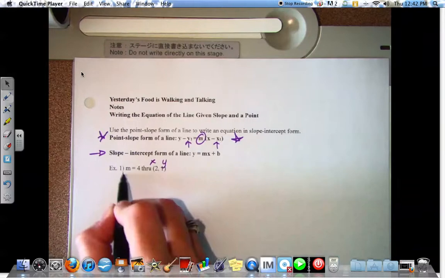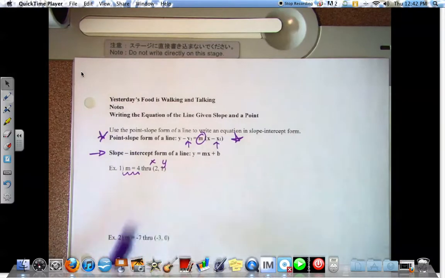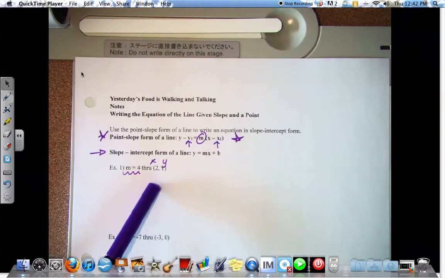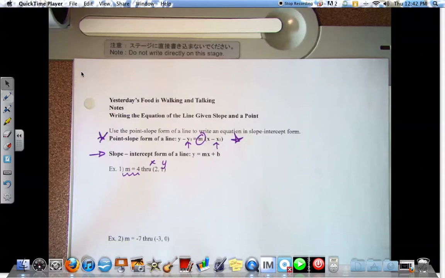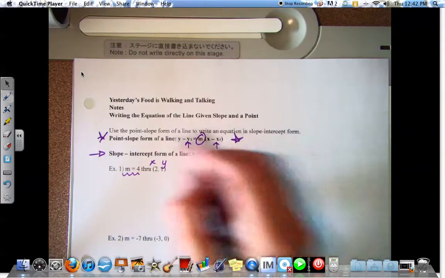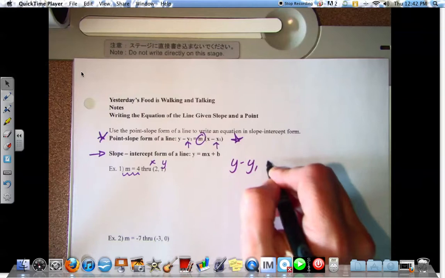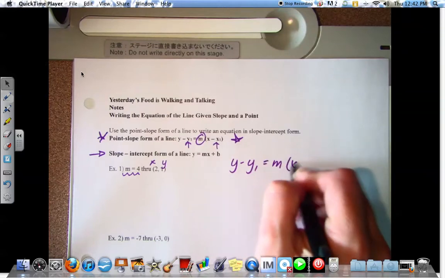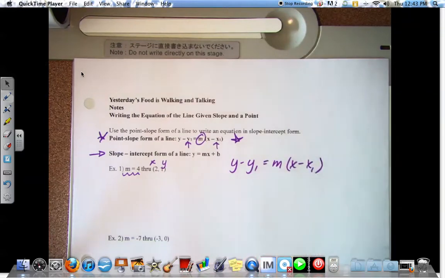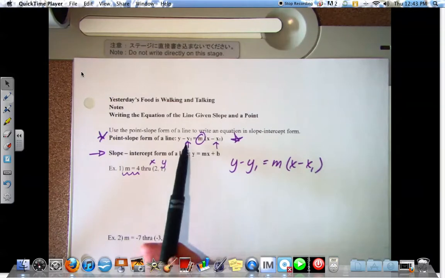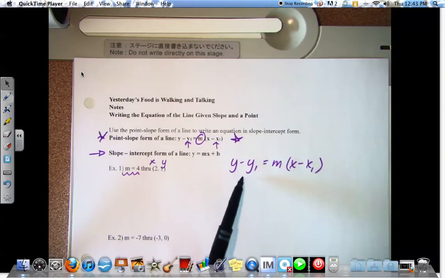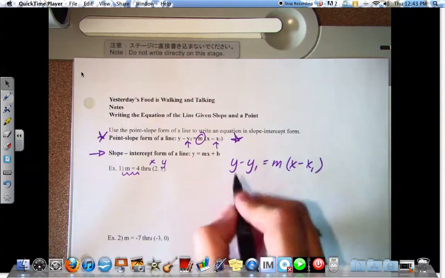Alright, so you're told that this is your slope and that your line is going through this point. So what we do is we take this point-slope form, y minus y1 equals m times x minus x1. And we fill in what we know. So this is what we do.